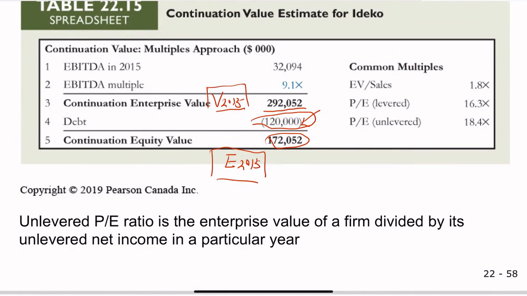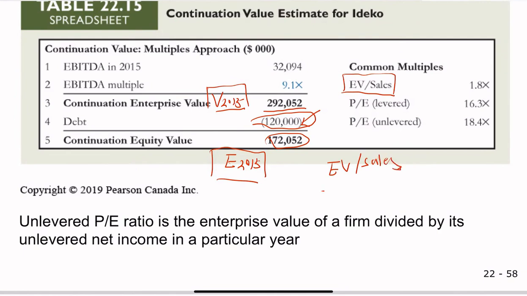To double check, we will again use valuation ratios. For example, we can actually calculate the ratio of enterprise value and sales. So let's do the calculation here.